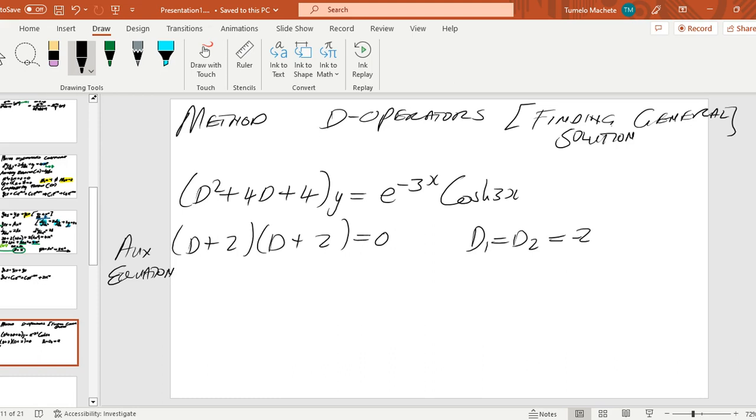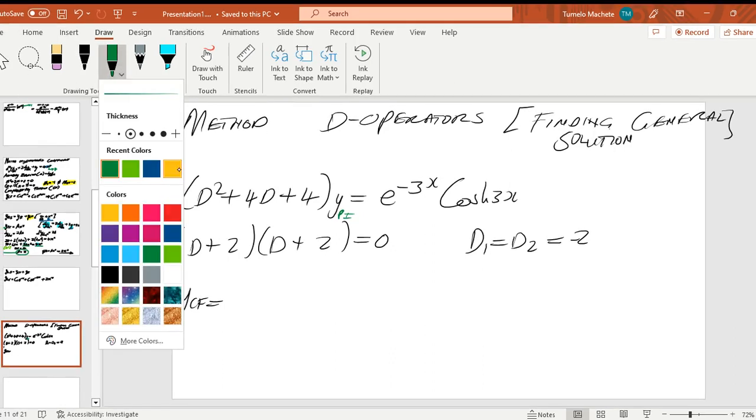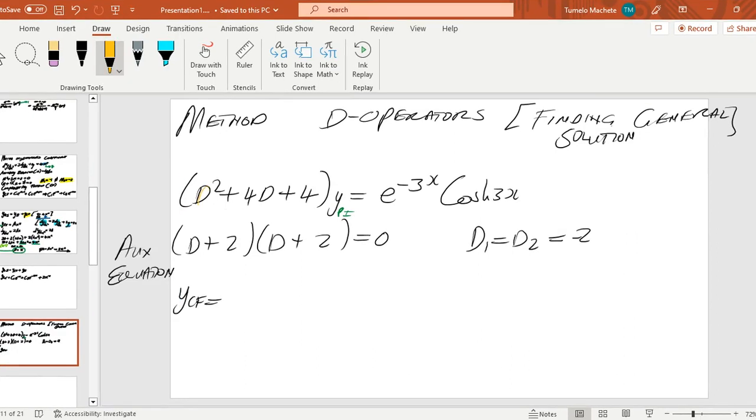Okay, then remember, we have to find the YCF, and also remember that your YPI is the same as the previous one. But the difference is that here they used the operator method. That's why you have the D. This D means the operator, so they are using the operator method.